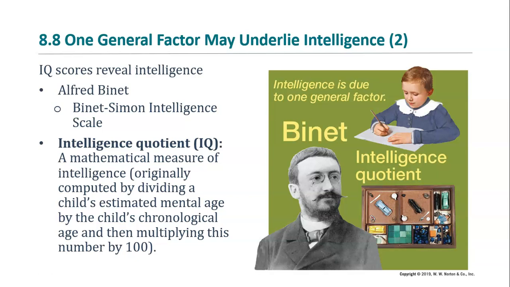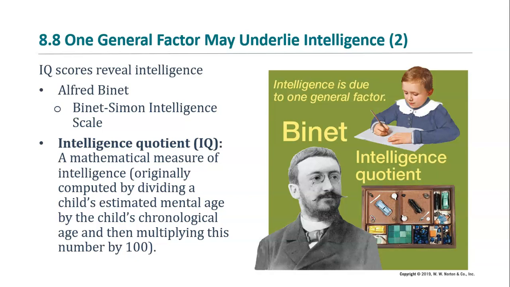So a mental age is your cognitive functioning compared to the average child at that age. This later came to be developed into something called the intelligence quotient, or IQ, which was computed by taking the mental age the child earned and dividing by their chronological, actual age, and then multiplying that by 100 to get rid of the decimal points.